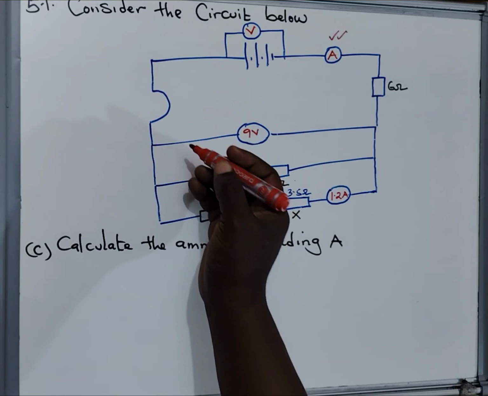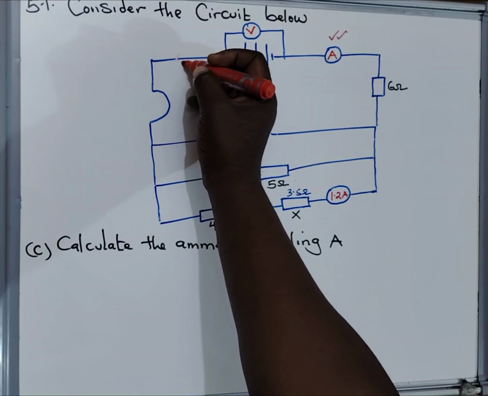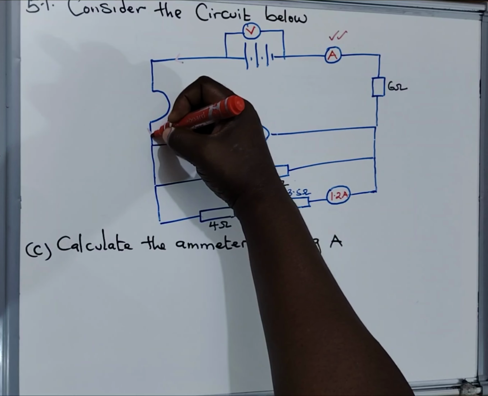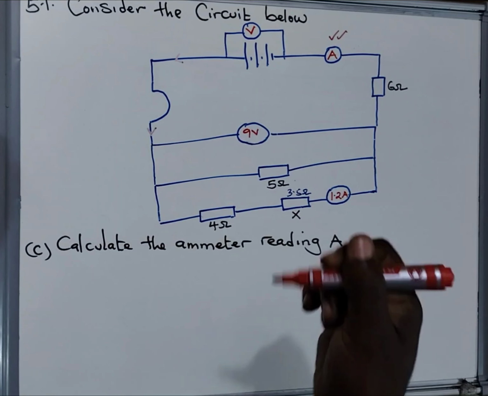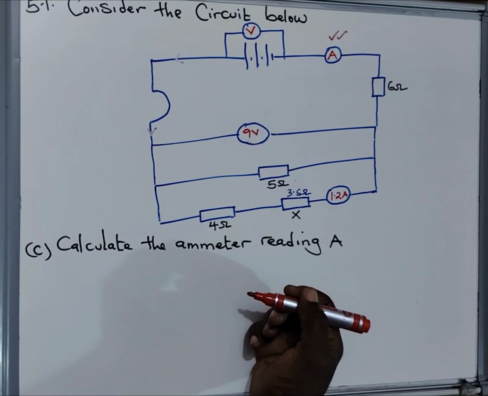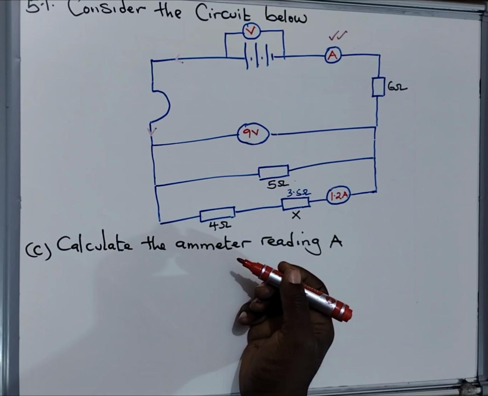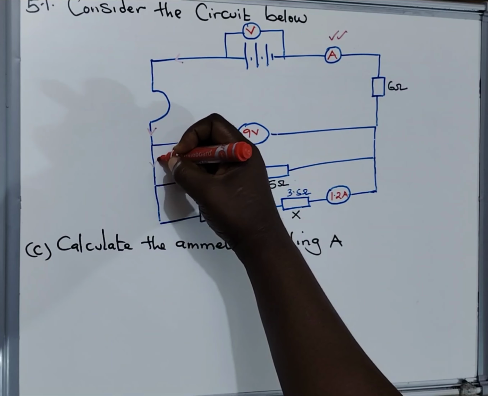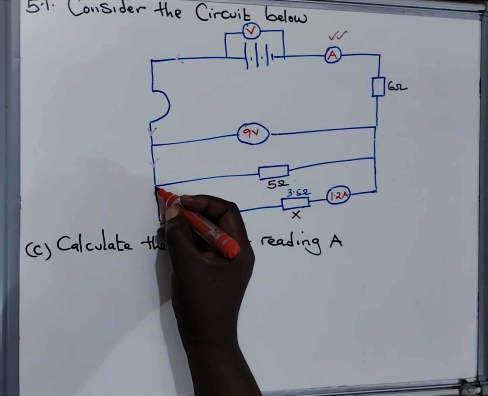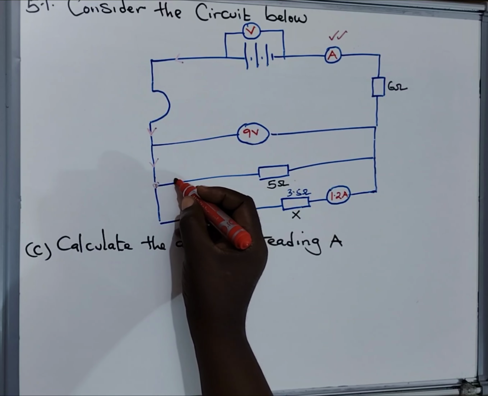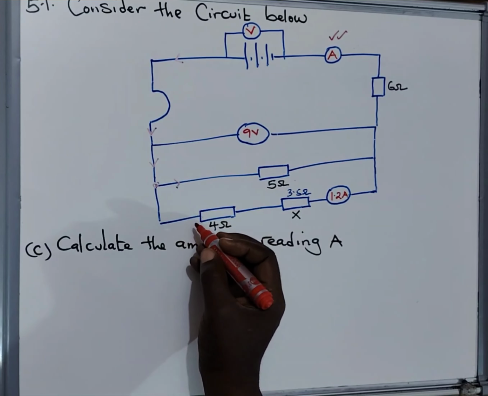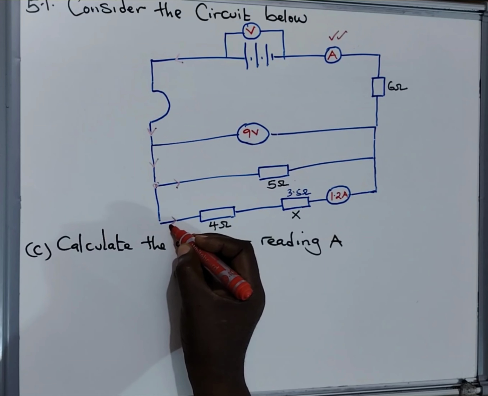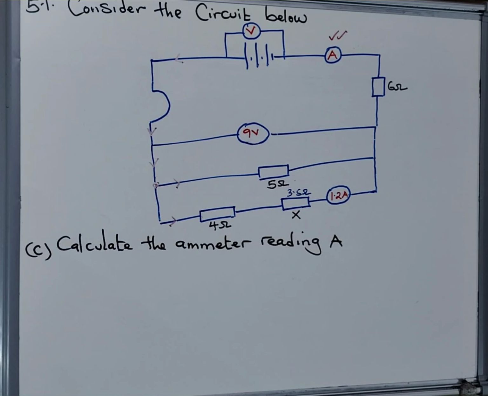You have to know that when current flows like this, no current flows through the voltmeter. So it comes down, it reaches this junction, and part passes here, and part passes here.